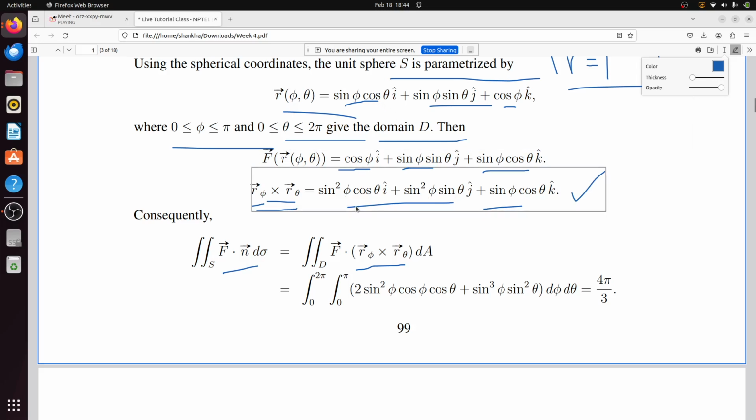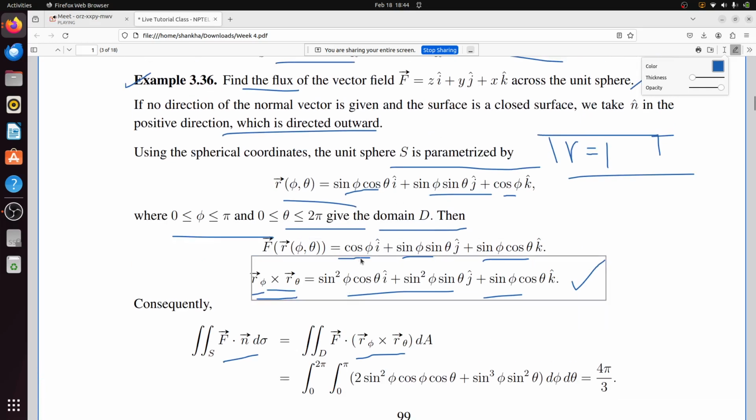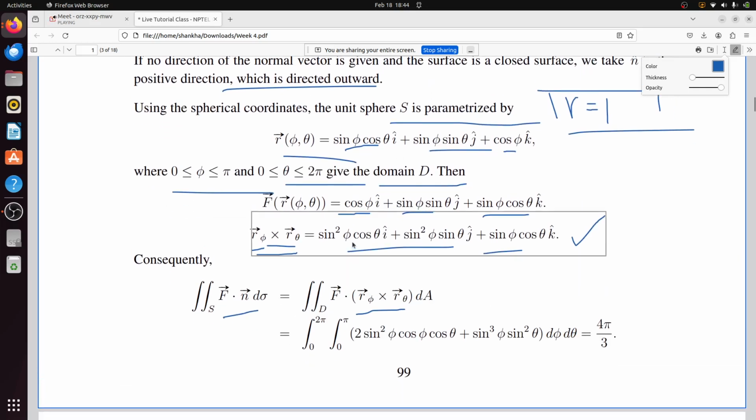Sorry, F is this, so that will be sin square phi cos theta. Yes, I think you are right, it should be sin phi cos theta.